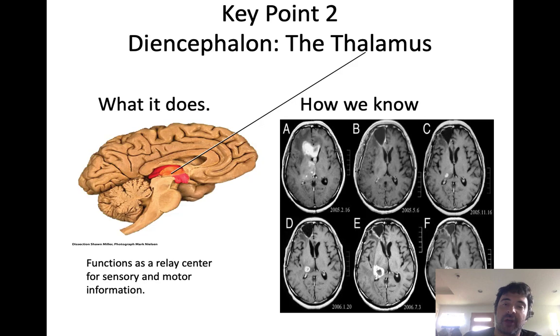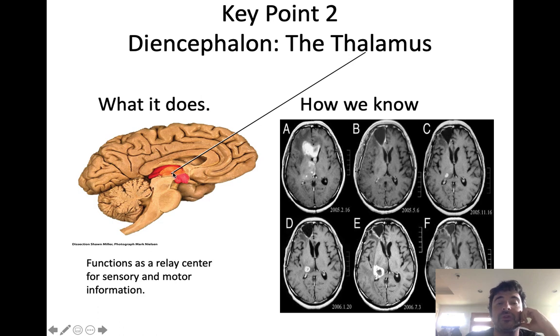Now, fine-tuning skeletal muscle contraction. So we're going to continue moving up, and what we are going to focus on is the diencephalon. The diencephalon is this entire brain region, a major region of the brain that has three substructures. The substructure indicated by orange is the thalamus, by pink is the hypothalamus, and by red is the epithalamus.